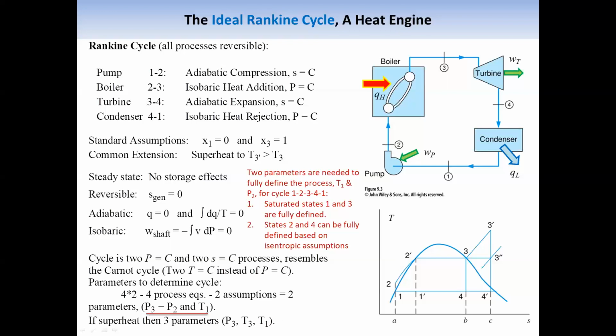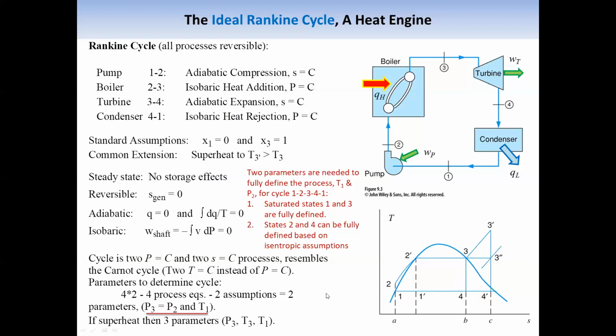So this is one variant of the problem. The other type of variant of the idealized Rankine cycle assumes the compressor and the turbine are not operated in idealized conditions.